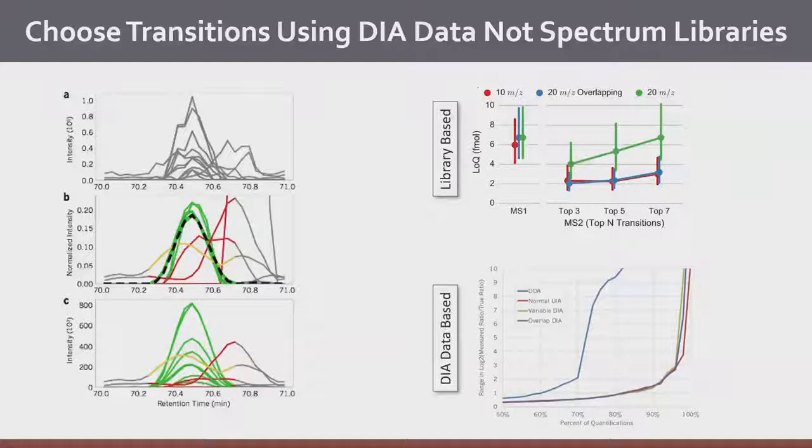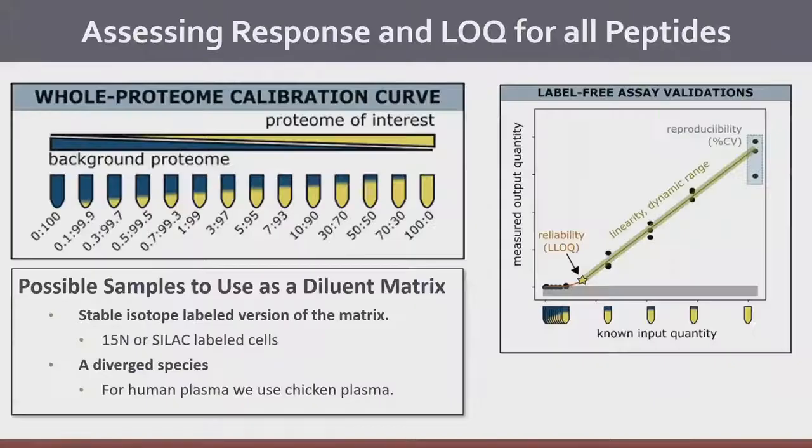That's because we exclude transitions that have interferences on the wide window DIA data, and that makes us affected much less by artifacts of choosing the transitions for quantitation from a spectrum library. This is really easy to do. We hope to have this incorporated in Skyline as well, and it has been a fairly powerful approach to improve the quantitation.